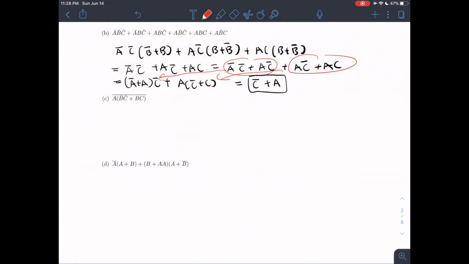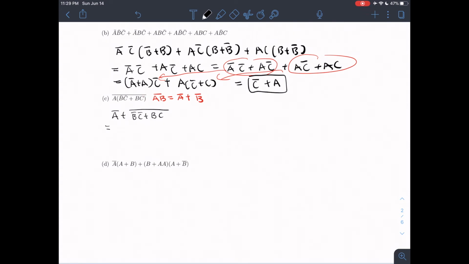For that law, it's going to be not AB is equal to not A plus not B. So in our case, this A is going to correspond to this, and this whole expression is going to correspond to this B. So when this is simplified out, this will become not A plus not B, not C plus BC.